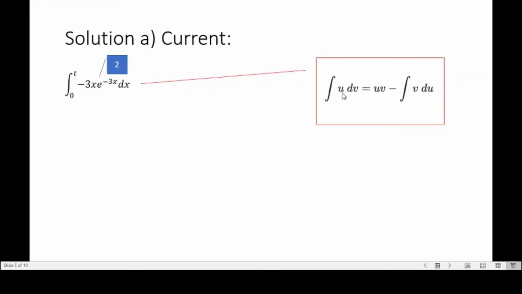Integration by parts is fairly simple. We have the integral of u dv is equal to uv minus the integral of v du. So we take the integral of e to the negative 3x, which, as we did in the first integral, is just e to the negative 3x divided by negative 3, which is this. And we have x as well.